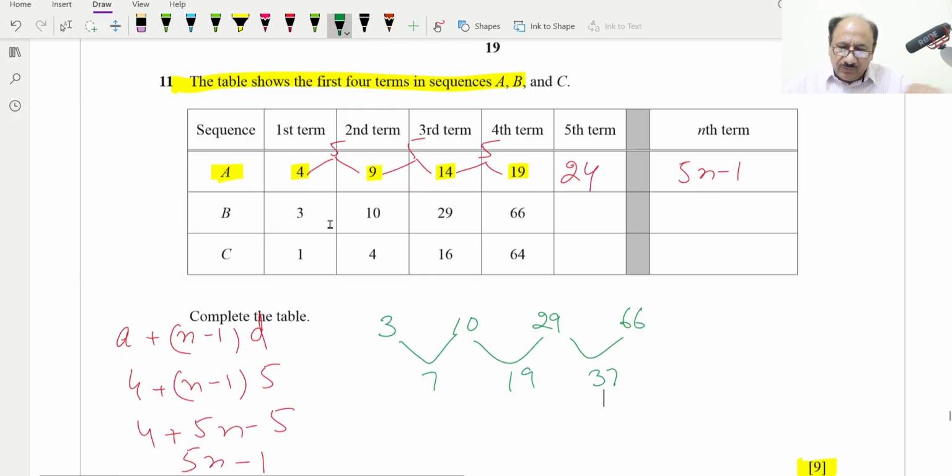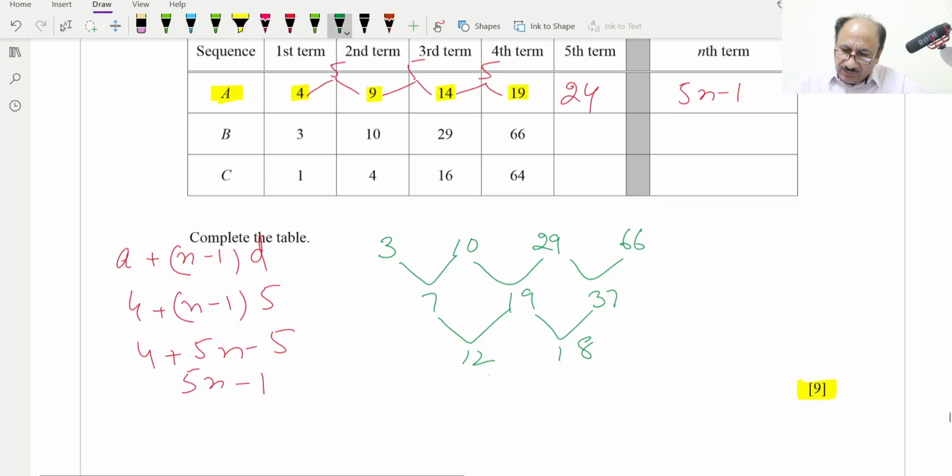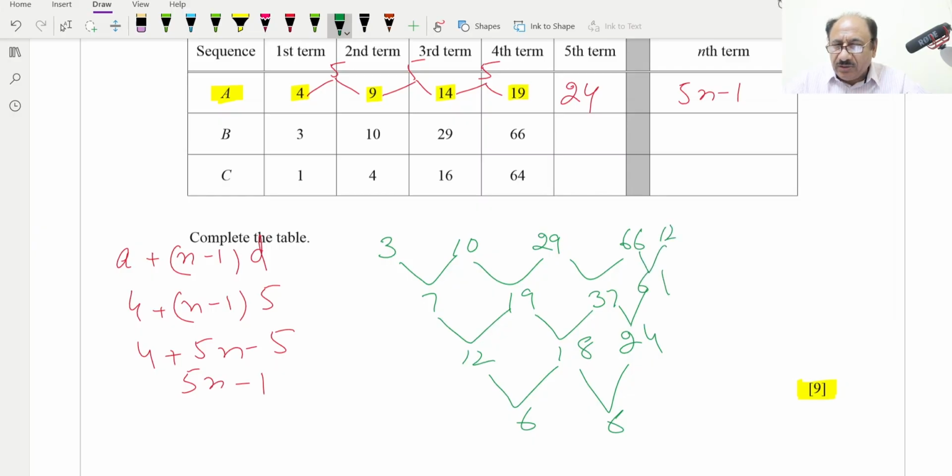Now we can check the second order difference, between these two is 12 and between these two is 18, and the third order difference is 6. Now we can use this difference to write the next terms. So 18 plus 6 will be 24, and 24 plus 37 will be 61, and 66 plus 61 will be 127.